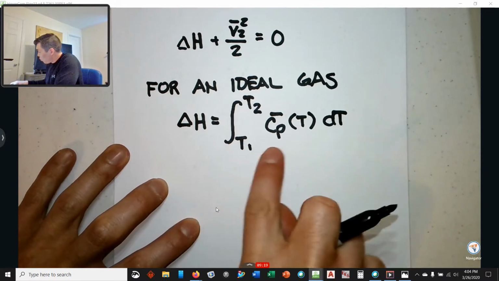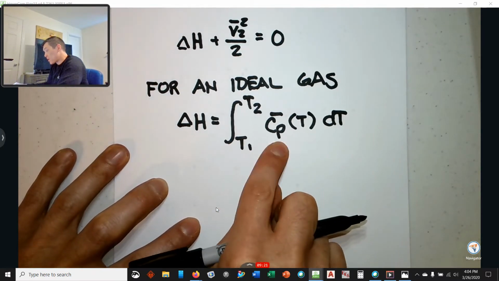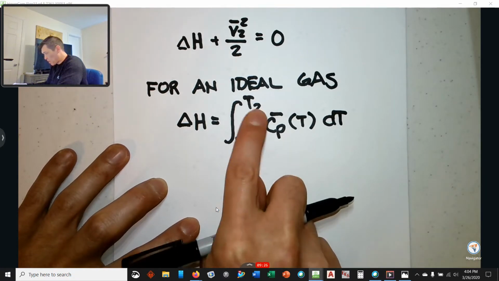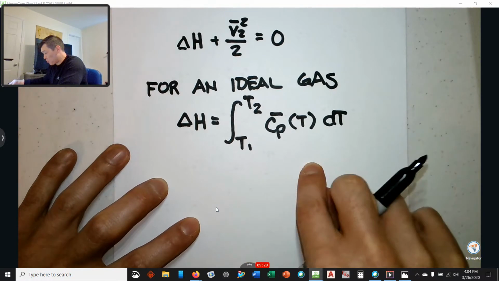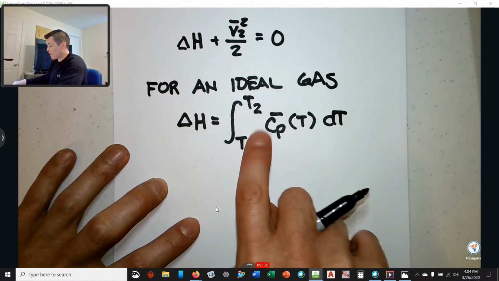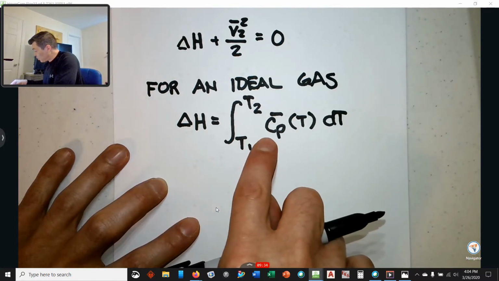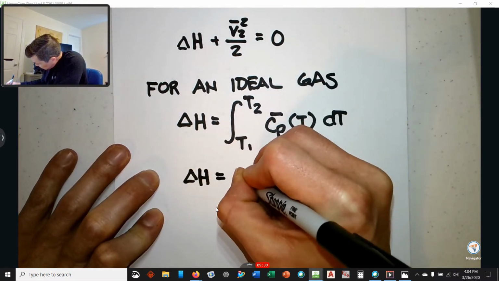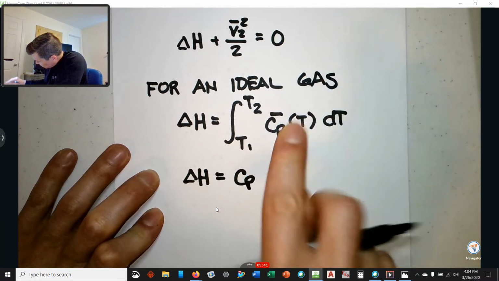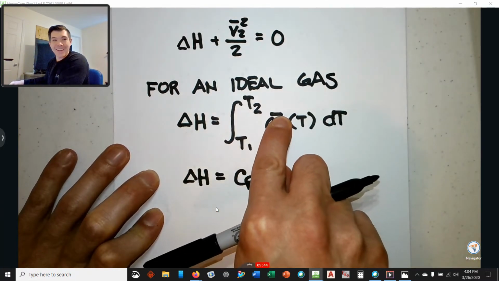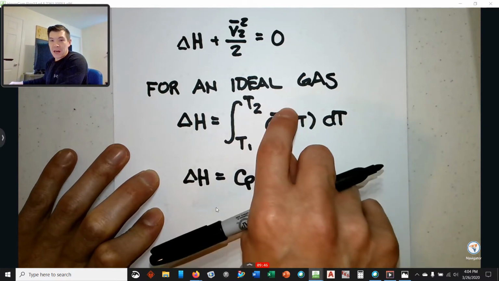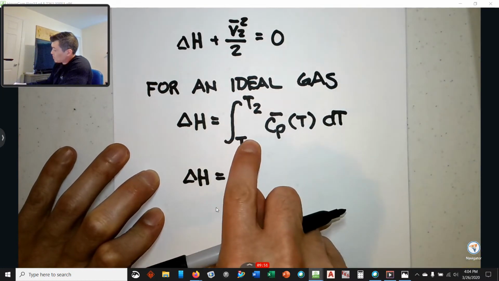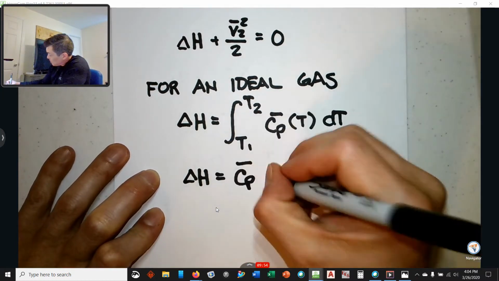What we'd like to do is use an average specific heat that's constant. So we figure out Cp of T1, Cp of T2, maybe assume a linear interpolation between those two values, take the average, and use an average Cp to say that delta H is Cp. Oh yeah, actually, this should not be averaged already. That should just be Cp, and then we pull out and call this average Cp. And then the integral from T1 to T2 of dT is just delta T.